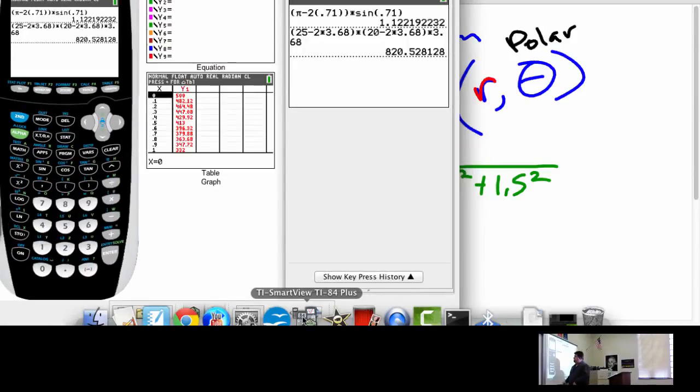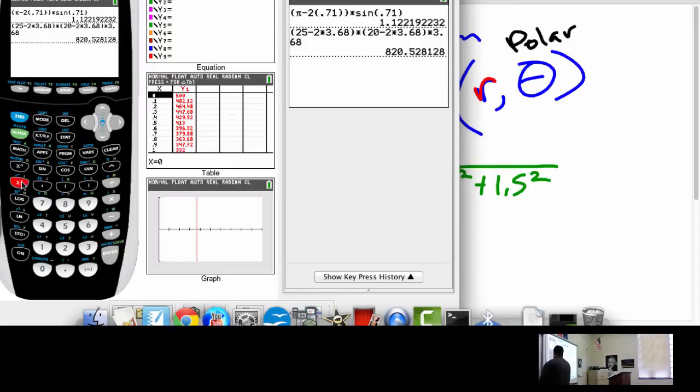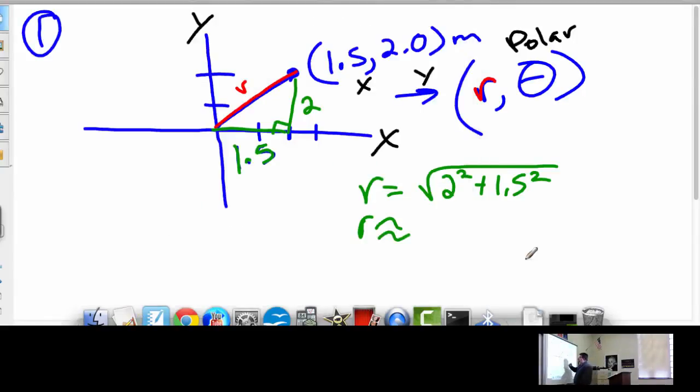If I plug that in my calculator, I'm going to take the square root of 1.5 squared plus 2 squared, and I get 2.5 approximately. So what that means is that the length from here to here is 2.5. So I've got 2.5 meters. Now to find the angle.